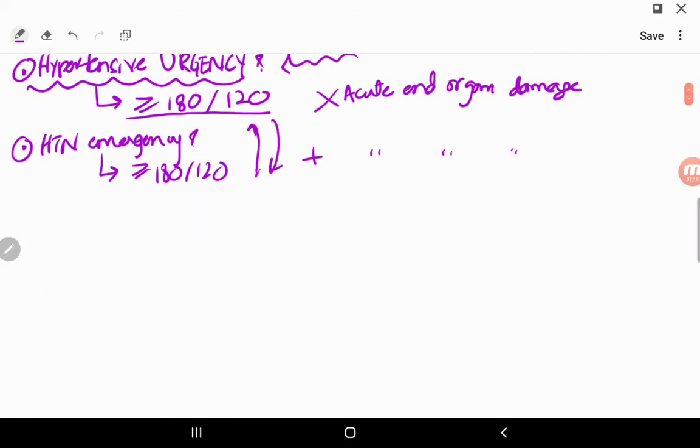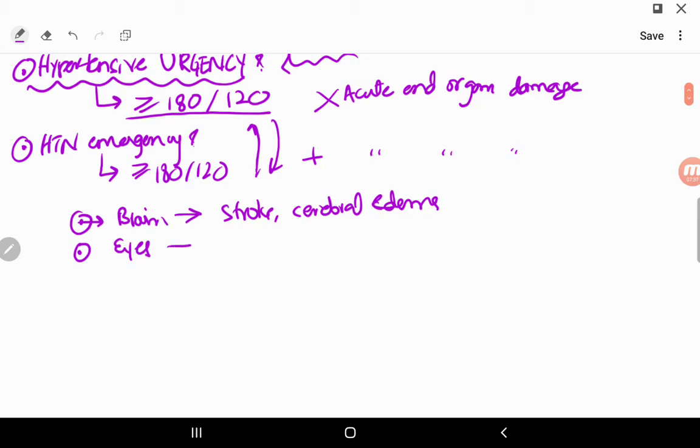Now, depending on which organ gets affected, you will see symptoms. For example, if your brain is affected, then you will see maybe stroke, maybe cerebral edema, etc. If, for example, your eyes get impacted, then you're likely to see retinal hemorrhages, papilledema.